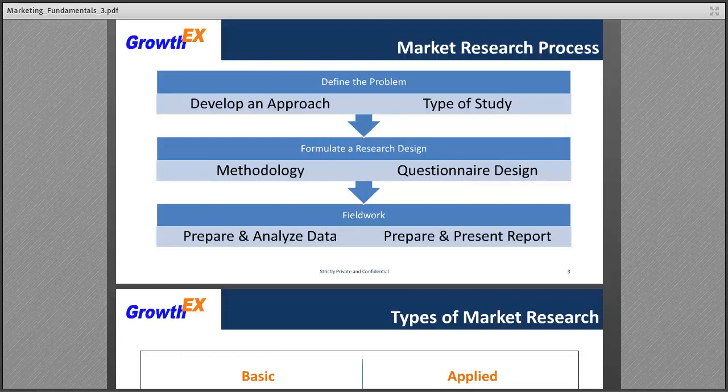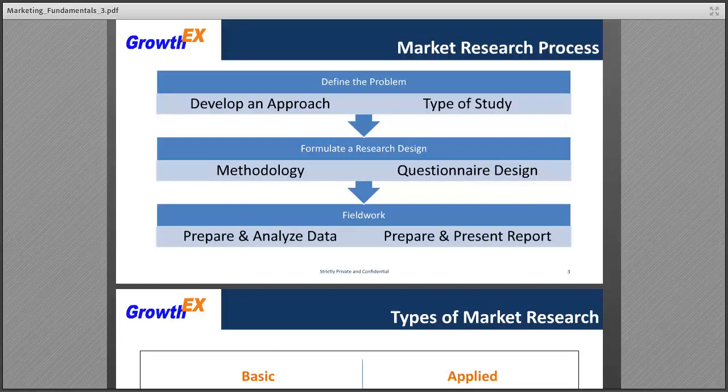This will include coming up with the right methodology to reach out to the right people who can help me do my research. Once I have identified those people who are the most appropriate to get the answers, I will come up with the most adequate questionnaire which I need to ask those people.